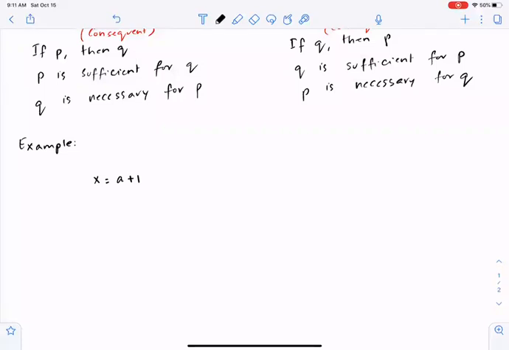And if that is my condition, and let's say if a equals 2, then x equals 3.